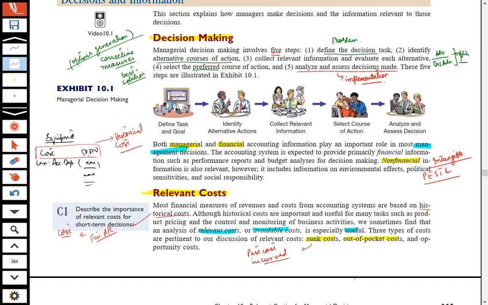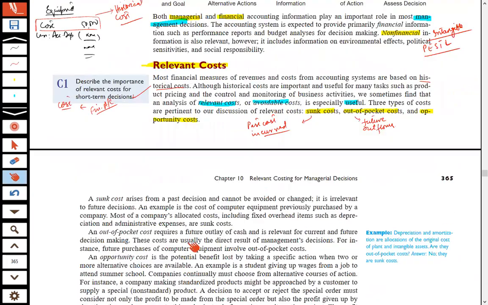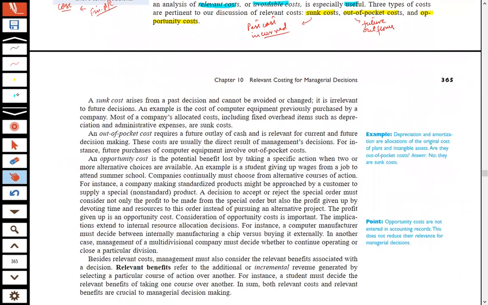We will discuss it in detail after a few minutes, but it is related to future outflows. In one word, out of pocket expenses are future outflows. And obviously the opportunity cost, and you understand the concept of opportunity cost. Now here it is: sunk cost, out of pocket cost, opportunity cost.